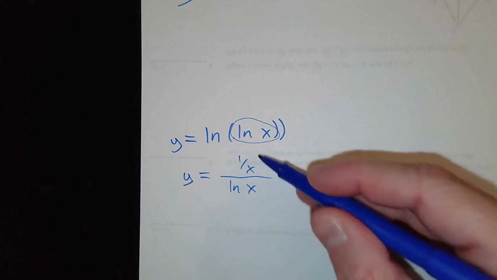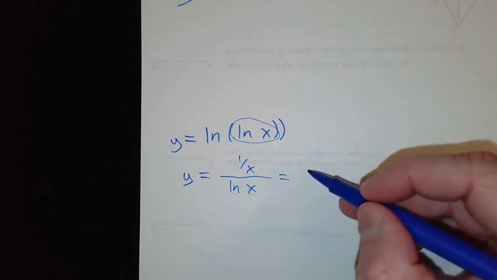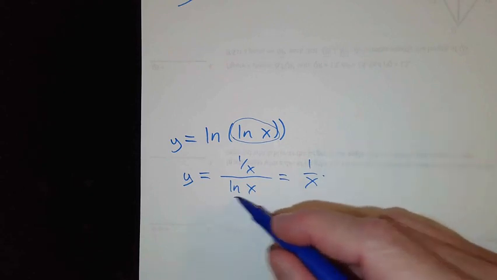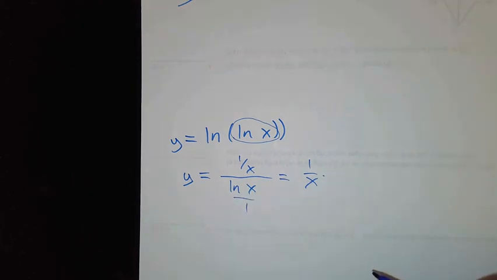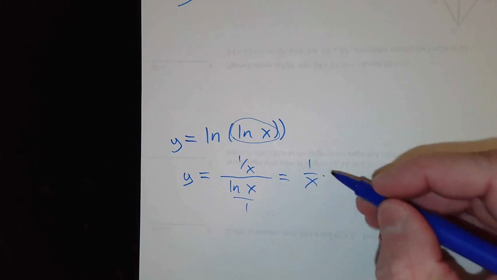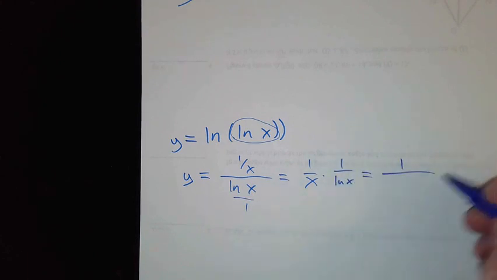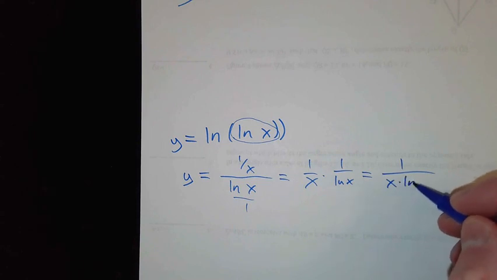But I've got a fraction inside of a fraction. Let's call this 1 over x times, let's see, the reciprocal of the natural log of x over 1 would be 1 over the natural log of x, or we could think of this as just 1 over x times the natural log of x.